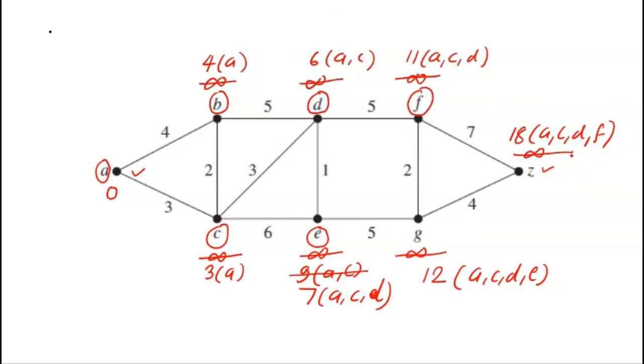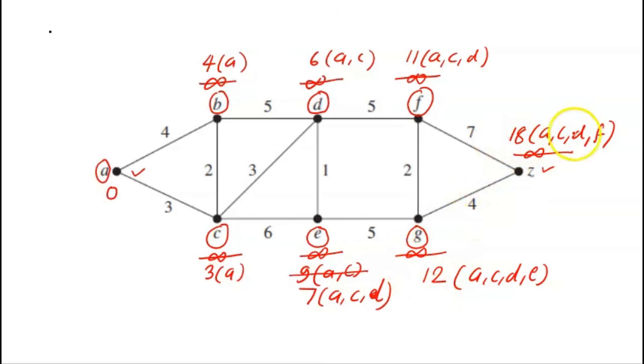What happens now? We have two vertices, G and Z, and we look at the smaller one. The smaller one is 12, so G should be blocked, so I block G. Now once we have blocked G, if I move from G to Z, the distance that I will have to cover is 4, and till G we have got 12, so 12 plus 4 is 16.